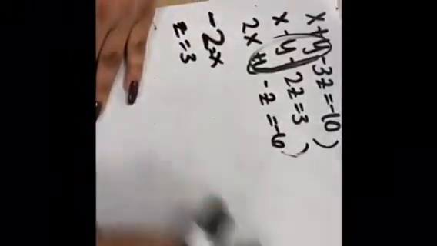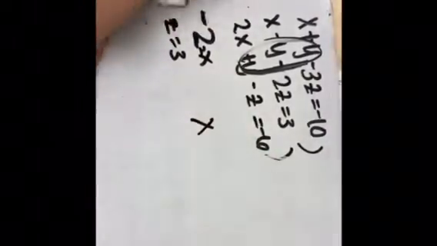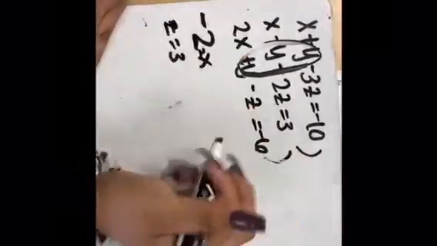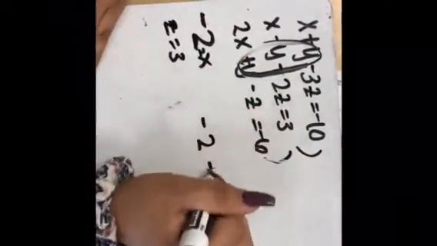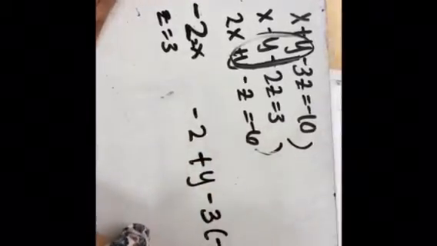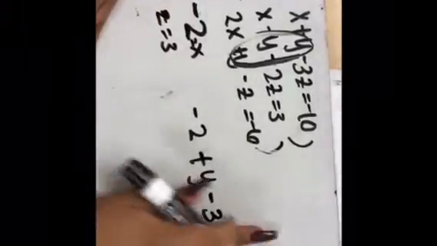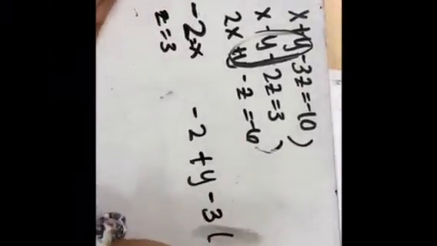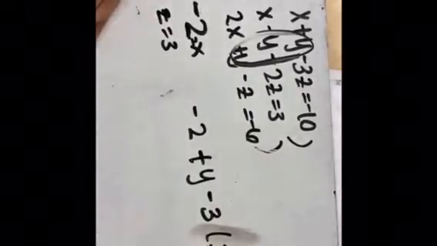substitute those two variables into our original equation to solve for y. So we can get negative 2 plus y minus 3. Oh wait, this is positive. Come on, Aylin. Positive 3 equals negative 10.